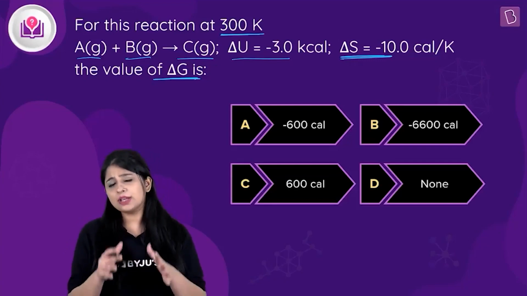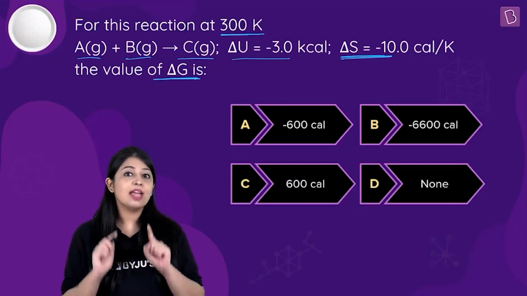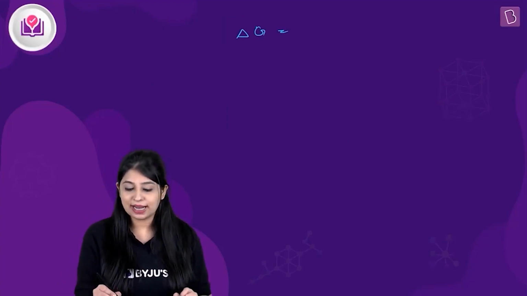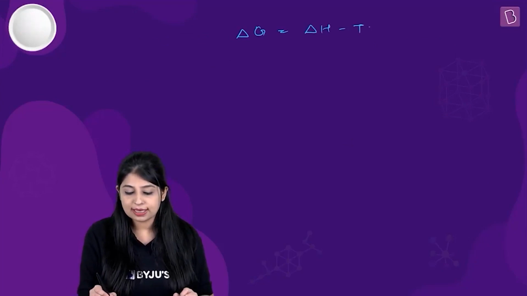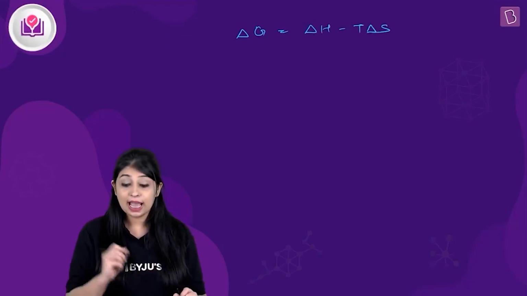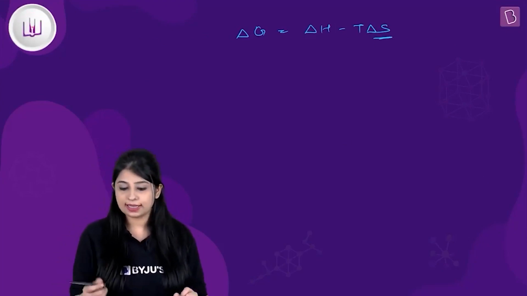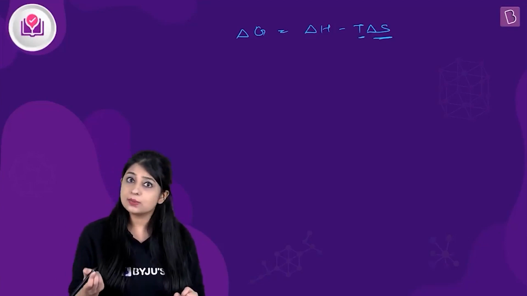So this is a pretty easy question if you know your formulas. So what is delta G? Well, delta G will be equal to delta H minus T delta S, right? And we have been given the value of change in entropy, which is delta S. We know the temperature as well.